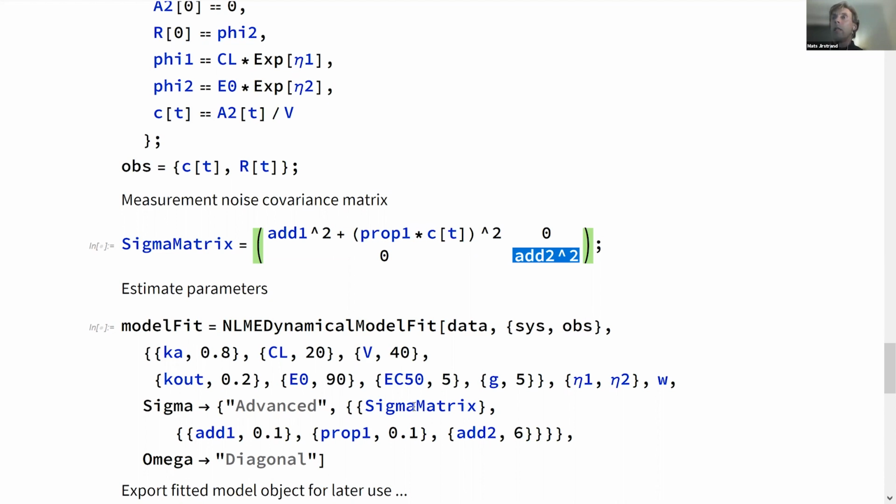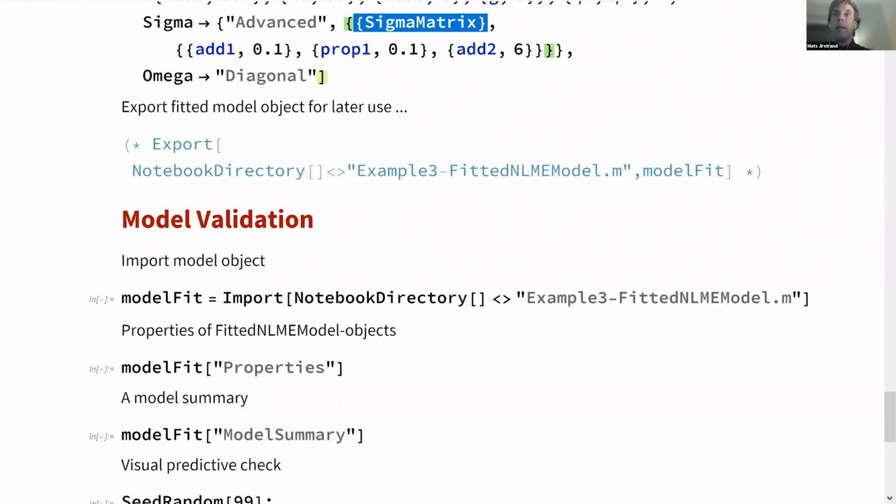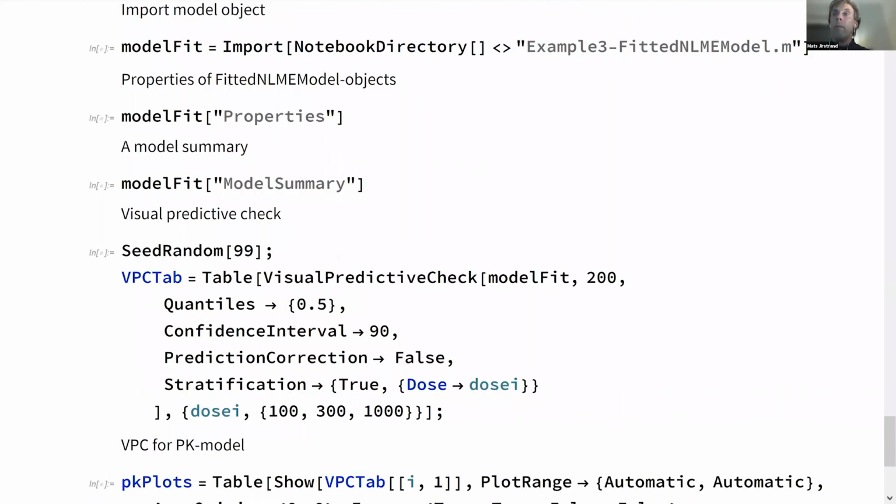Then that goes into the specification of the estimation command here.